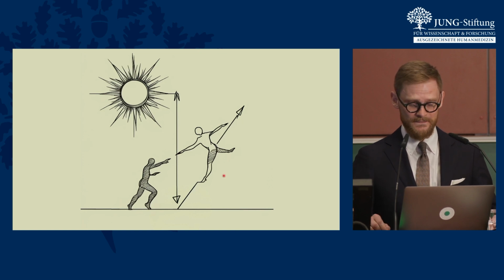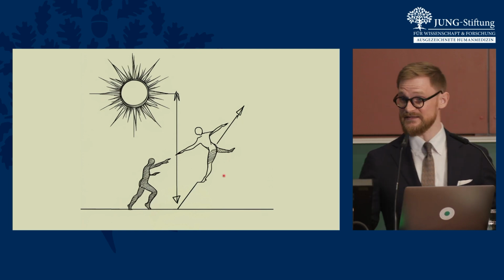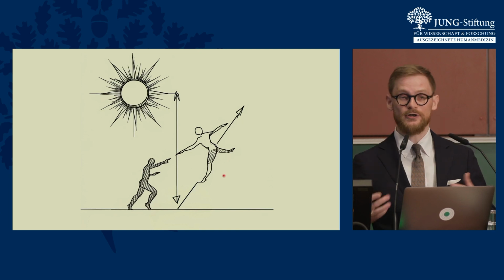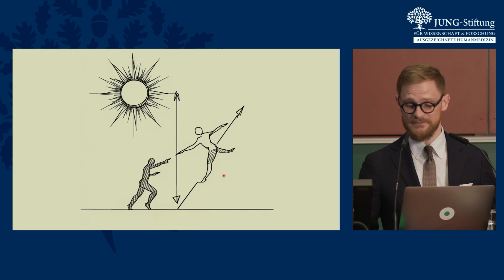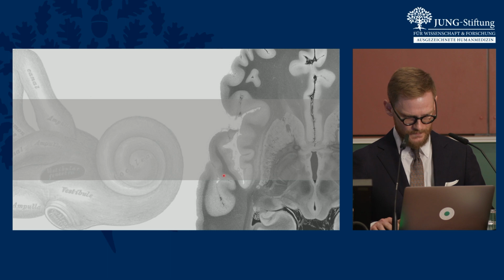So, complex human motor behaviors, such as upright gait or orientation in three-dimensional space, critically rely on our ability to sense our position in relation to gravity. And this is mediated by the vestibular system.